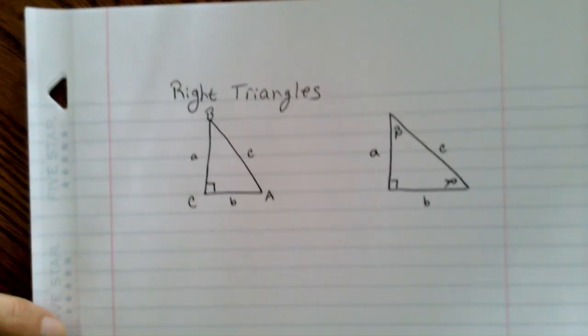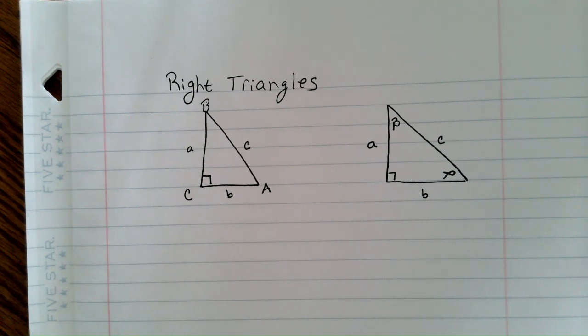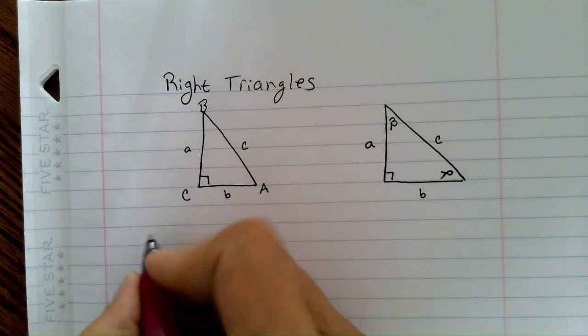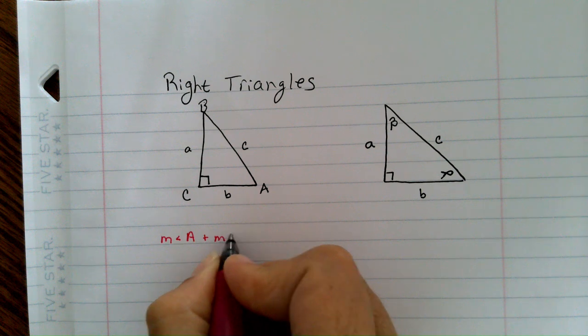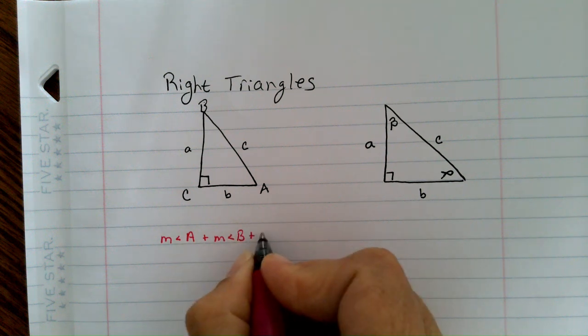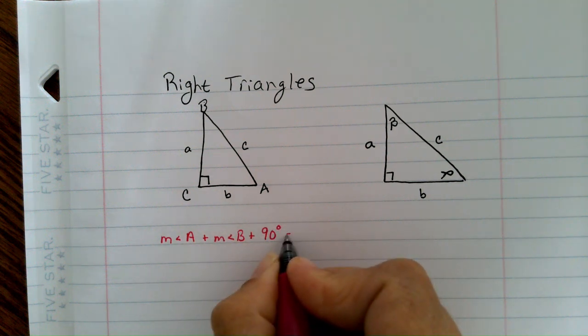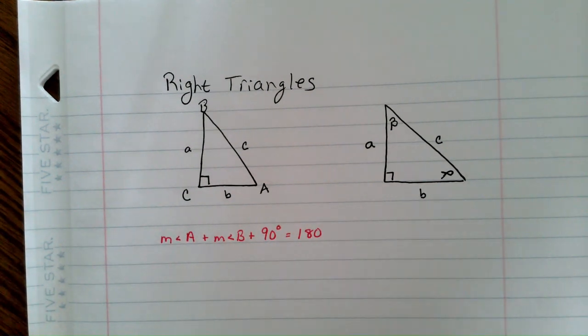So if you've done anything with triangles, you know that the three corners add up to 180. So here we can write the measure of angle A plus the measure of angle B plus the measure of angle C equals 180 degrees.